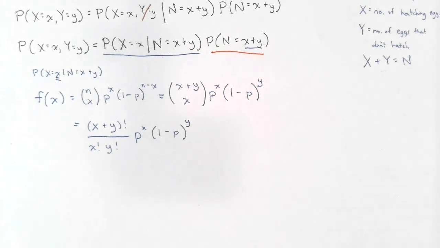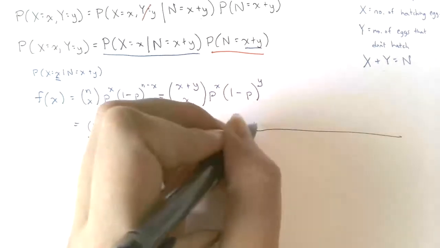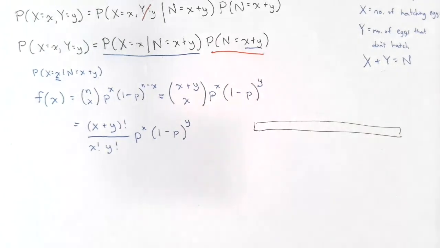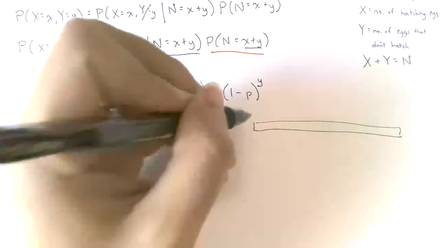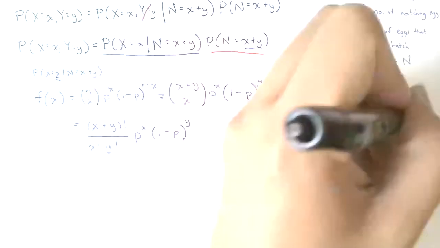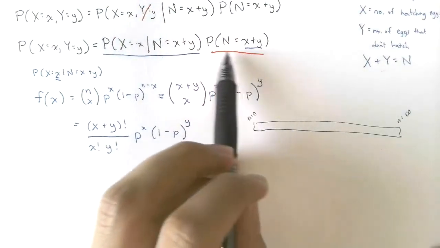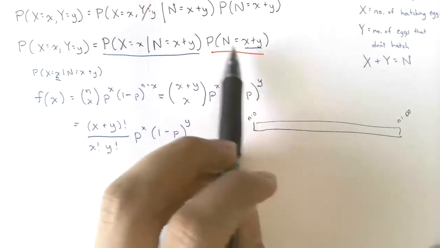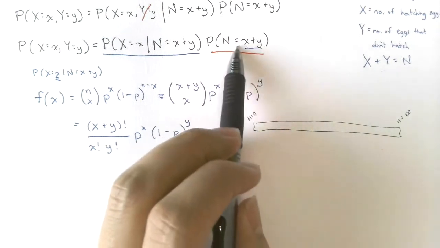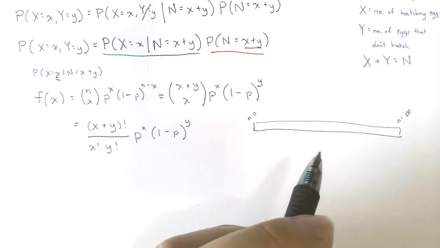So what we're looking at here is in a sequence, and maybe not even a sequence, maybe I'm going to use a different word, in an interval of all the possible values of n, so n equals 0 all the way to n equals infinity. In that interval, n, or what we call a success, is when n equals x plus y.